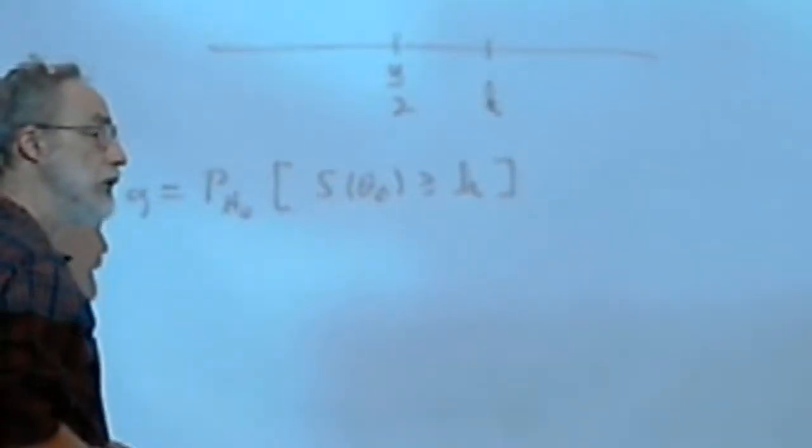But under H naught, the probability of success is a half. It's just a binomial with n trials and the probability of success going in.